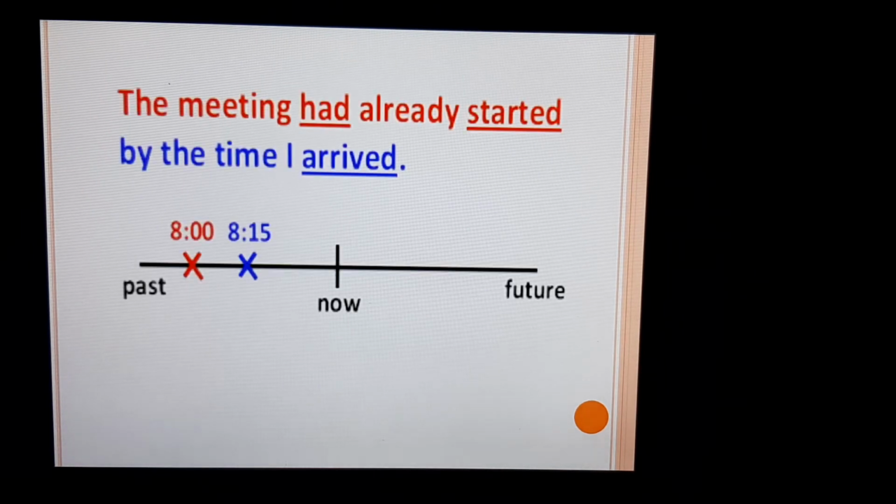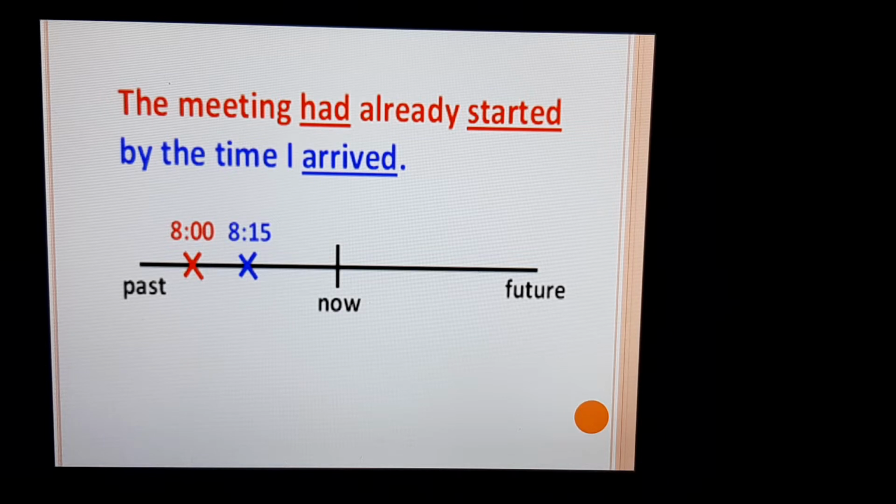Let's look at this example. The meeting had already started by the time I arrived. Here we have two verbs, had started and arrived. Be careful. The one which happens first is the past perfect, and the one that happens next is past.